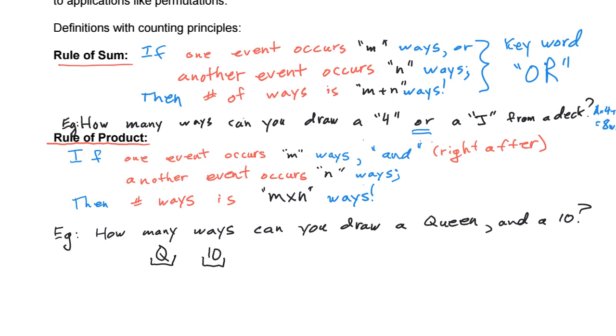So now you need to ask yourself, how many queens are in a deck of cards? There are only 4. And because there are also 4 tens, we're looking for 4 more, which gives us 16. So there are 16 ways for us to draw a queen, and right after it, pick up a 10.